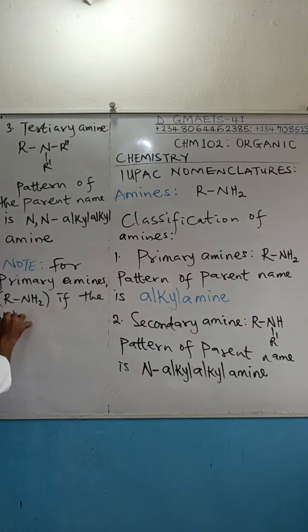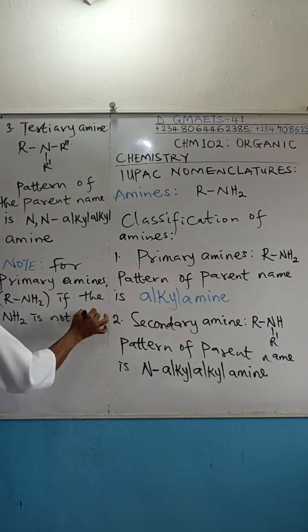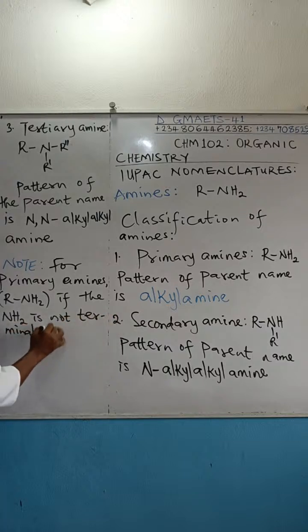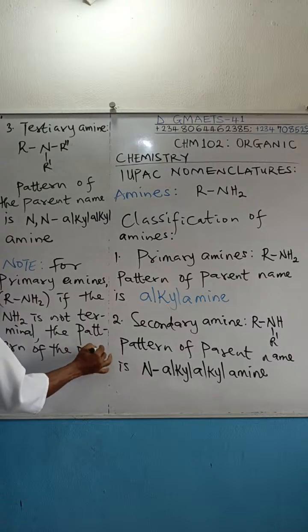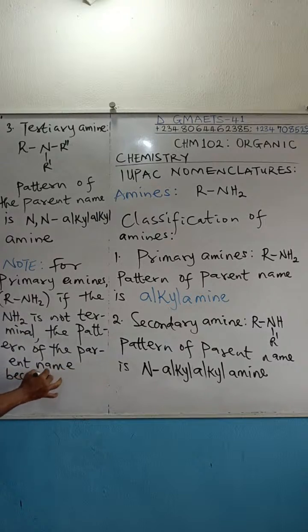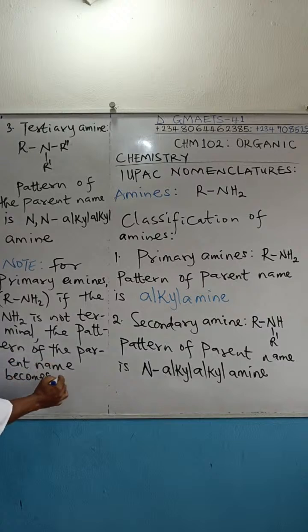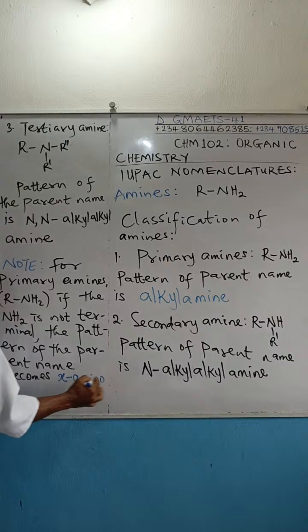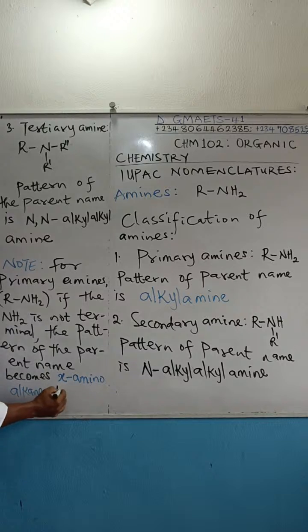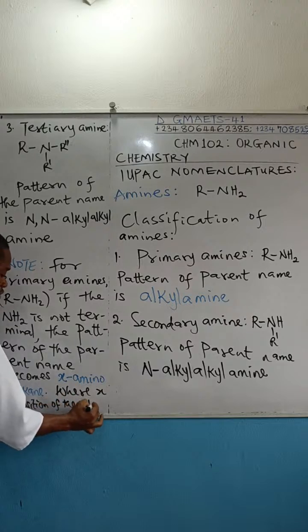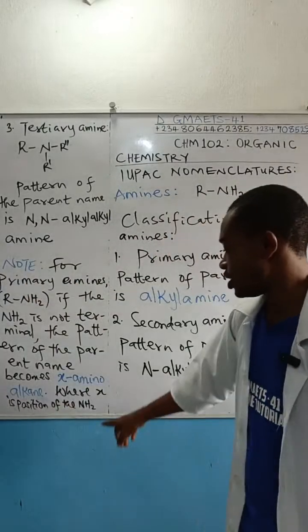If the NH2 is not terminal, the pattern of the parent name becomes X-amino alkane, where X is the position of the NH2, the position of the carbon atom bearing that NH2.